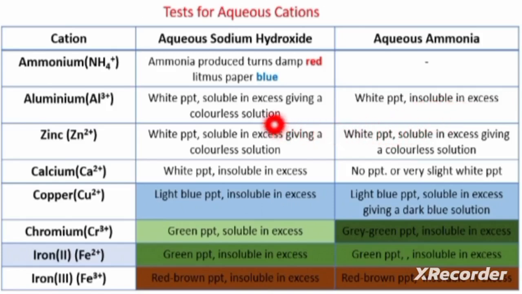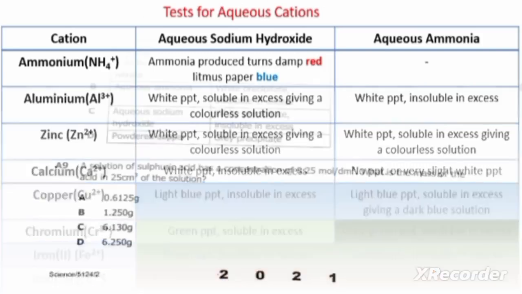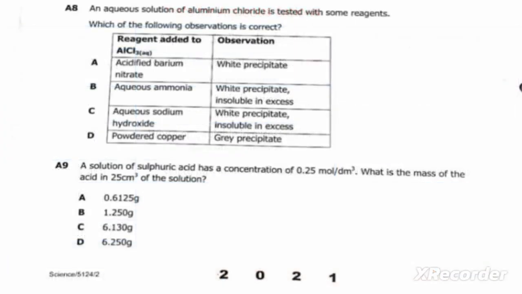So you are free to pause the video and study the information given. Therefore, our correct answer is when aluminum chloride is added to aqueous ammonia, a white precipitate insoluble in excess will be formed. So our correct answer is B.